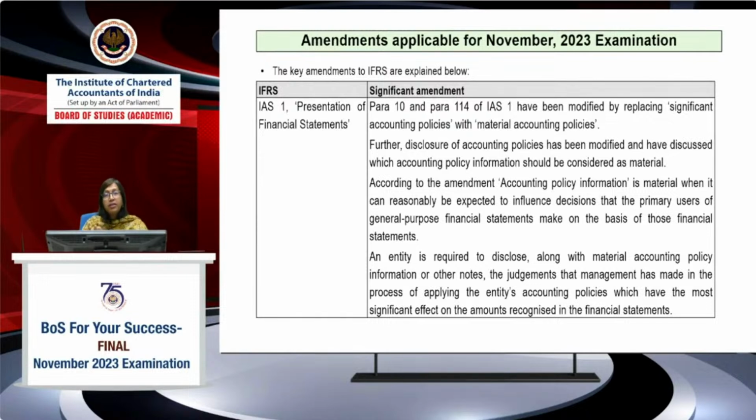It is more or less the same thing, but material is more apt and a broader concept, because all your financial statements carry material disclosures, so material accounting policies need to be disclosed. Also, the basis for choosing any accounting policy, and the judgment based on which you have chosen it, you have to disclose that also.